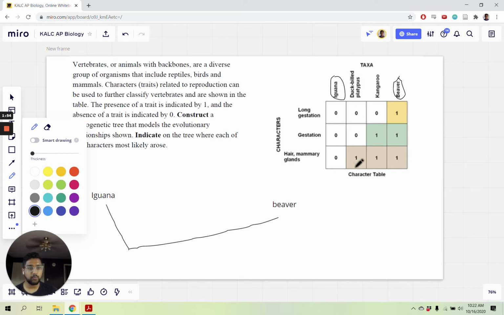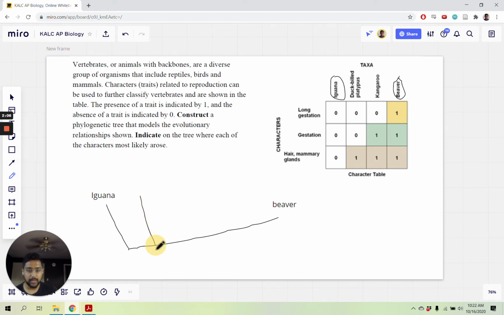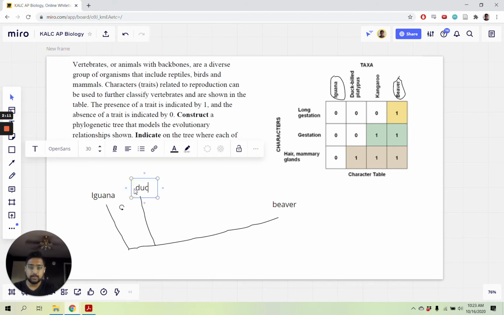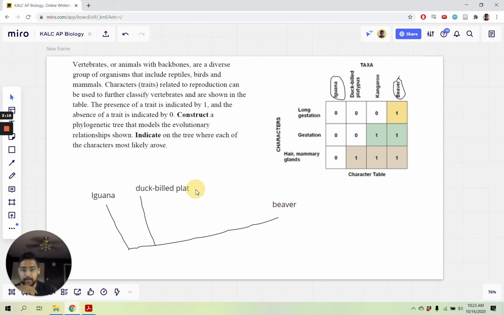Okay, the duck-billed platypus has 1 of the traits, which means that it's probably closer to the iguana than it is to the beaver. The beaver's got all of the traits, and we know 1 is a little bit closer to 0, so I'm probably going to put another line here, and from there I can put in duck-billed platypus, and I can put that right there.